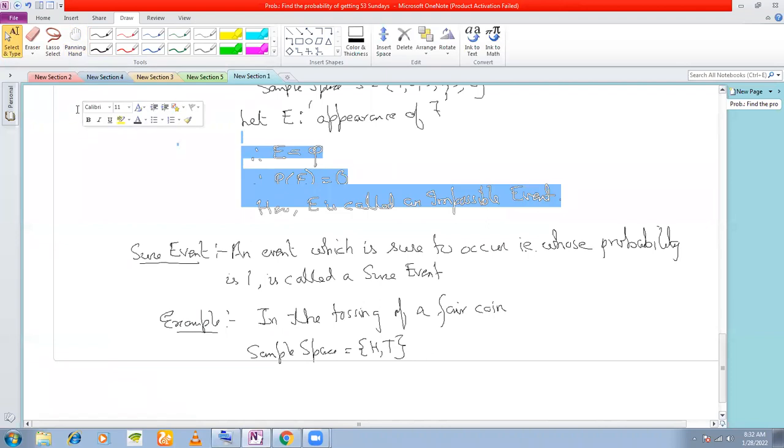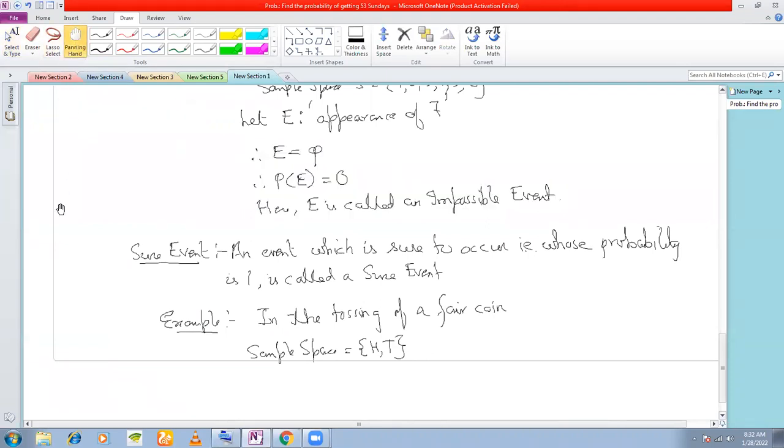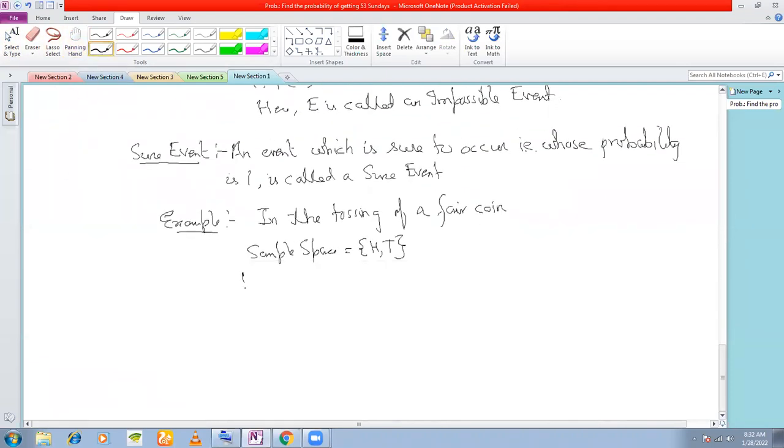Now, on this sample space, let E be the event, appearance of a head or a tail. Therefore, what is the event E?